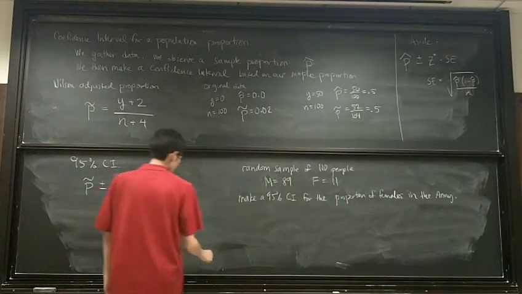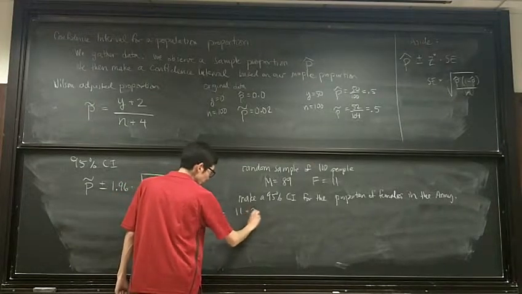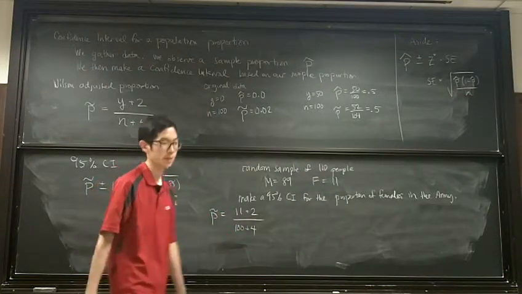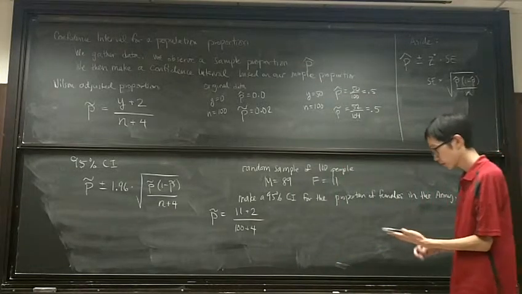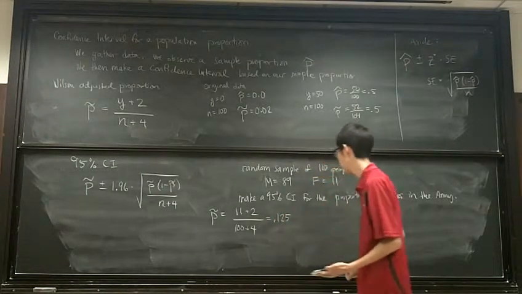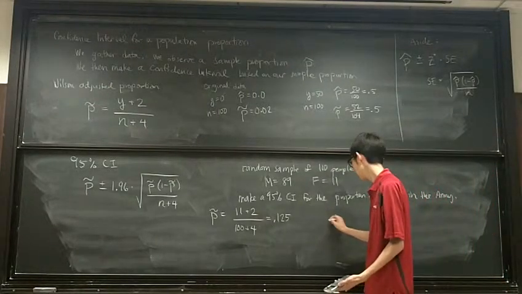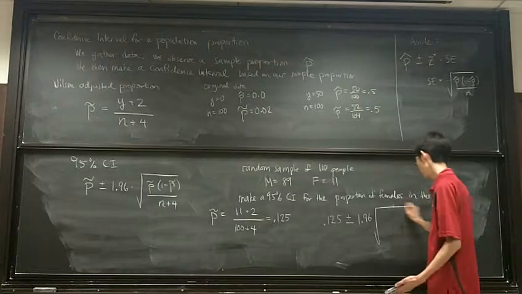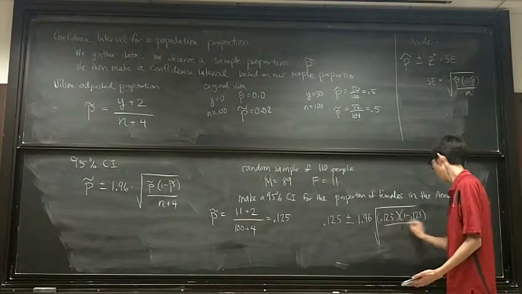Alright, so in this case, we have to figure out what p tilde is. That's going to be 11 plus 2 divided by 100 plus 4. So I get 13 over 104. I get 0.125. So now I have 0.125 plus or minus 1.96 times the square root of 0.125 times 1 minus 0.125 over 104.